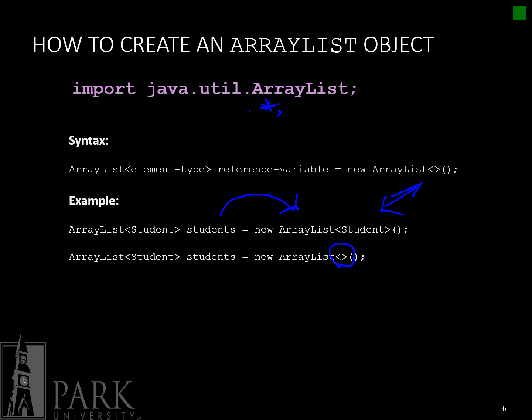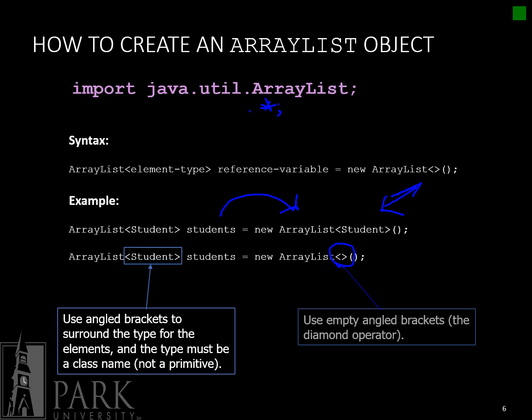It's basically saying that, hey, we know from our declaration that our array list is going to be of type student, so we don't have to tell the compiler that we're going to create a new array of type student. It says, oh, okay, it's of type student, so I'll just build an array list that is of type student. So you want to make sure that you use the angled brackets to surround the type of the elements. And the biggest thing to note here is that it can't be a primitive.